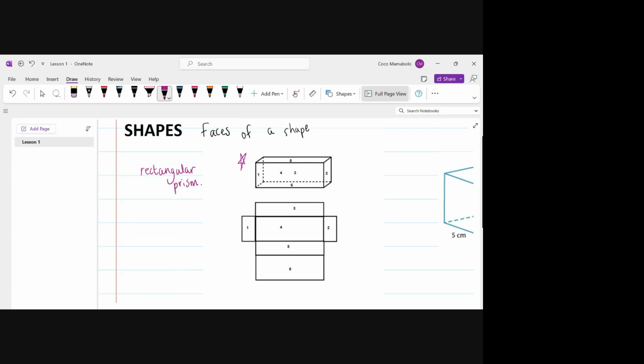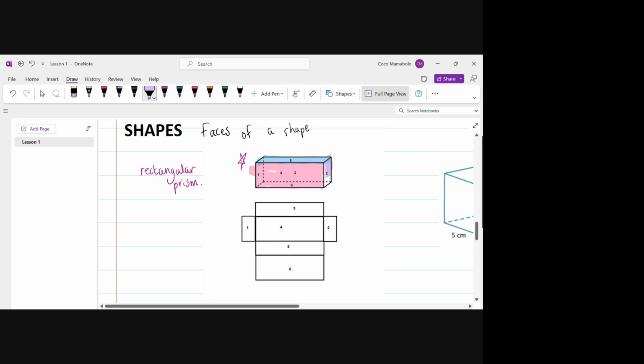Okay, so when we calculate for a rectangular prism, it's kind of like looking at a box and breaking the box apart. Let's start with the front. I've got the front part of my rectangular prism, the top part, and the side of my rectangular prism.